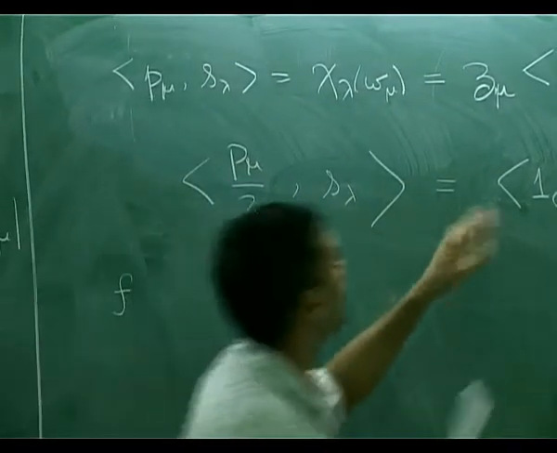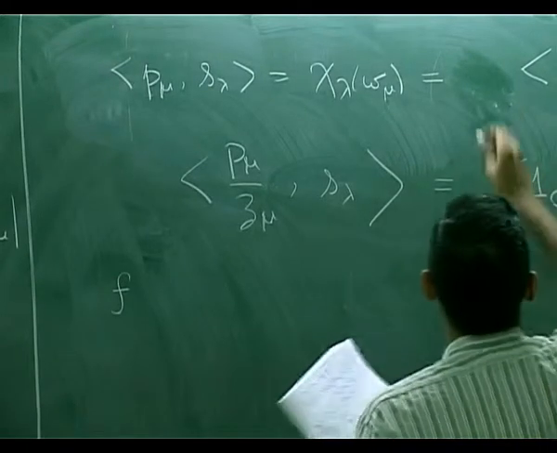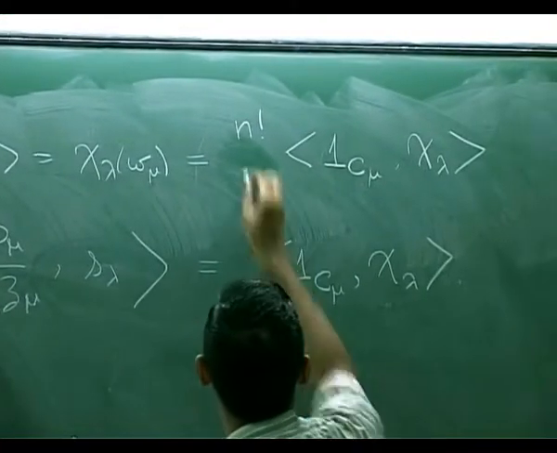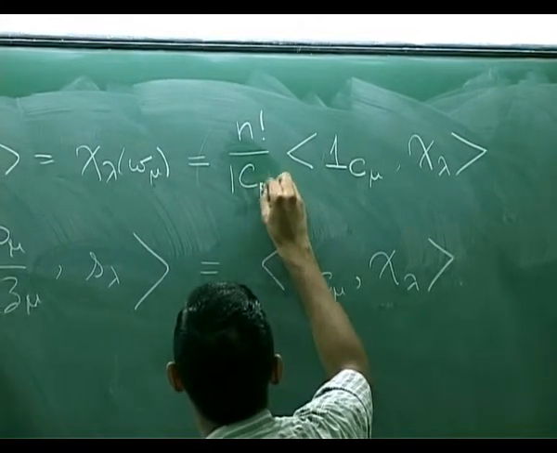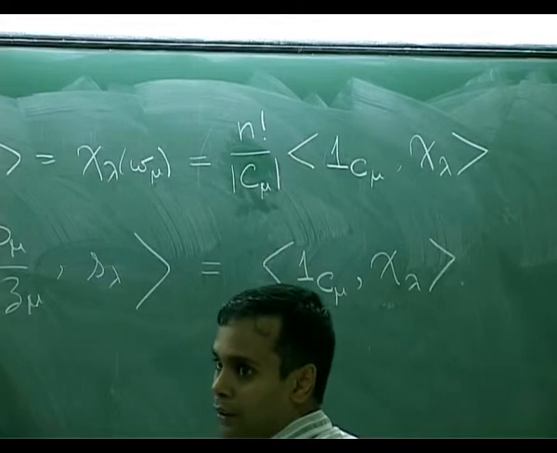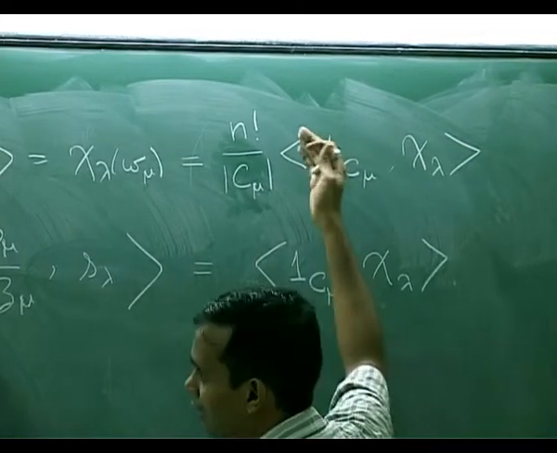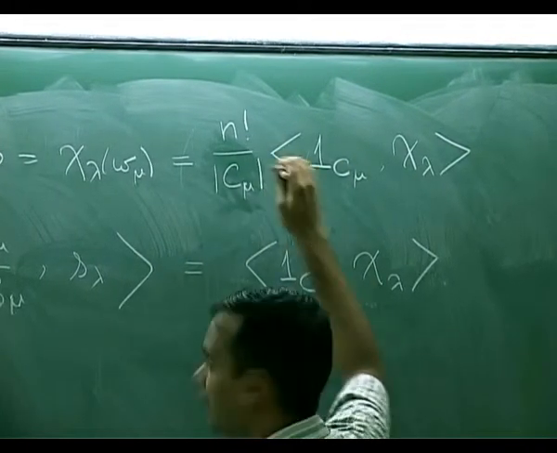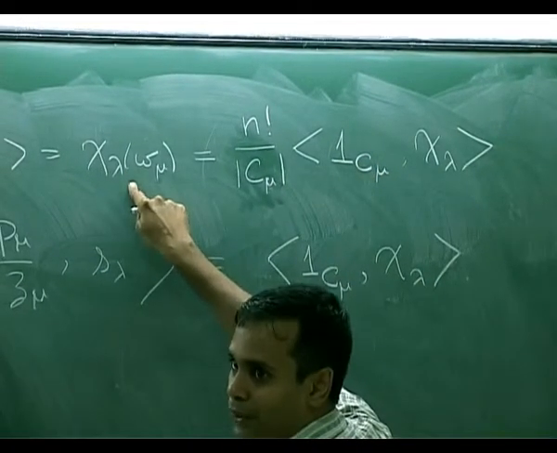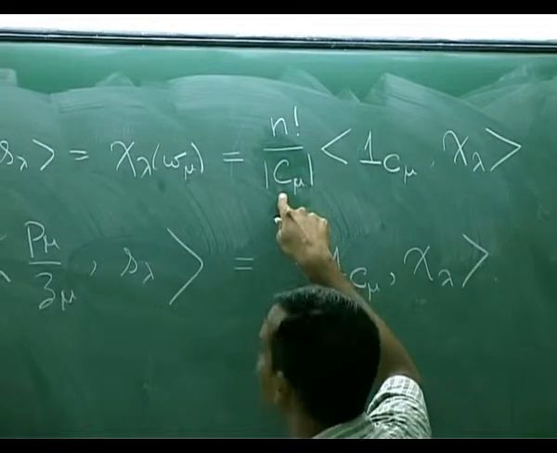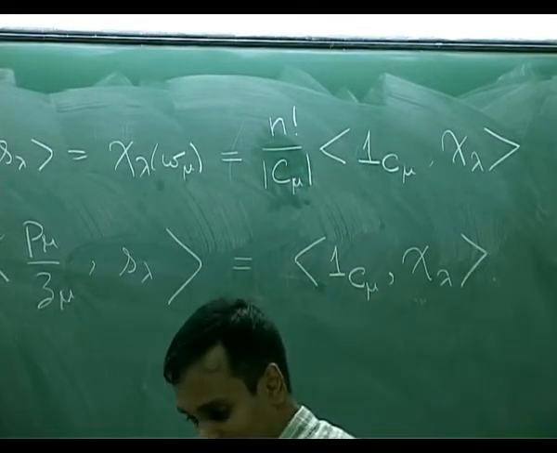Maybe I should write it. So it's n factorial, and then I must divide by c_mu, because the form has an n factorial in the denominator, and I'm summing over the whole class, but I only want one of the points, so I should divide by c_mu, and that's z_mu.